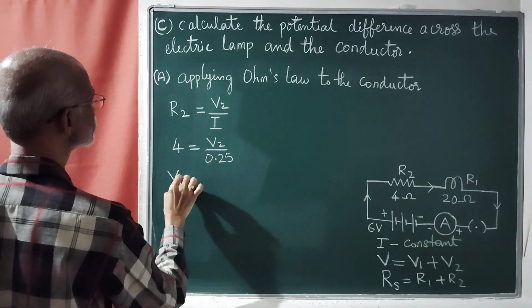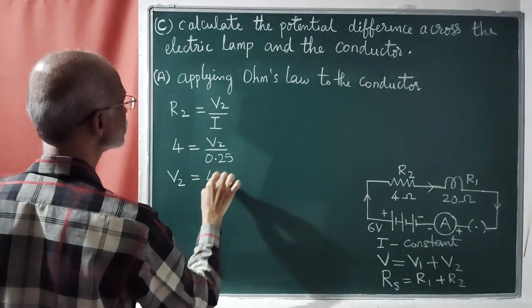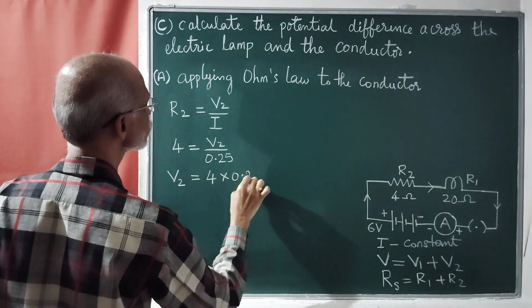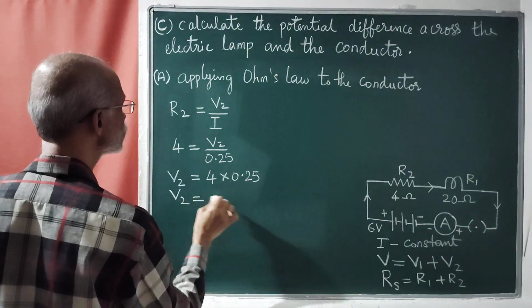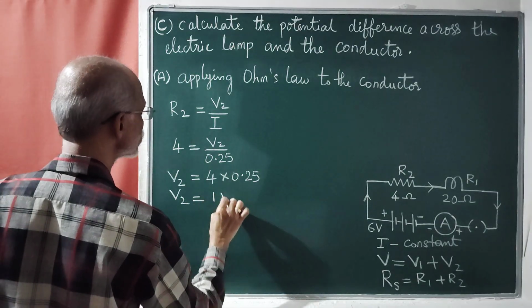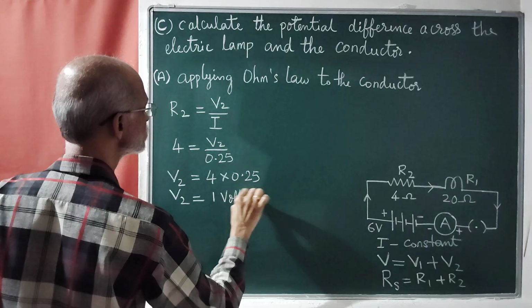So V2 is equal to 4 into 0.25. So V2 is equal to 1 volt.